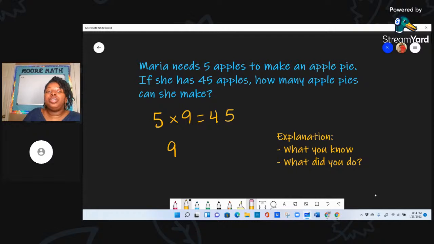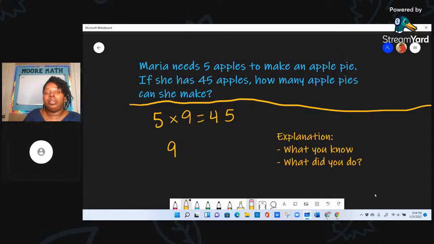So when I say what do you know, tell me the important information. So give me one important piece of information. And it's usually in about the first or second sentence. So in the first sentence, what's some important information? Maria needs what? 5 apples. Okay. So 5 apples for what? 1 pie.